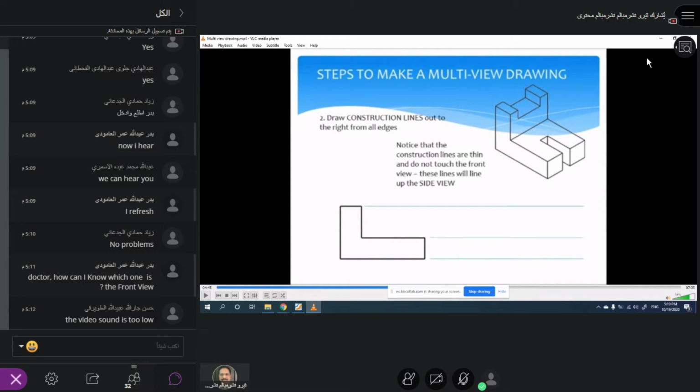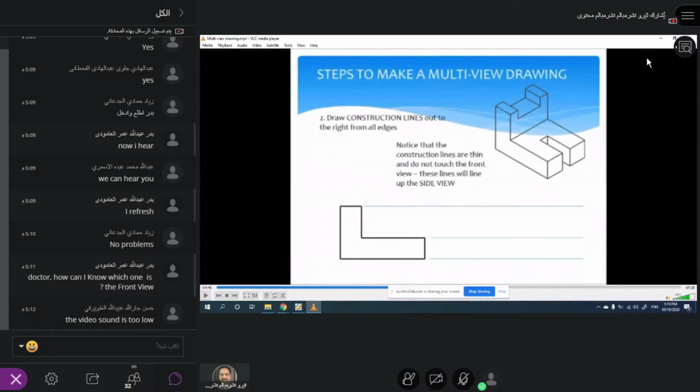That's why I'm always insisting that you keep at least two or three different pencils. One is for drawing the object, so a thick HB pencil. Another one is 2H or H, and even when you draw the construction line, you should draw it as thin as possible.